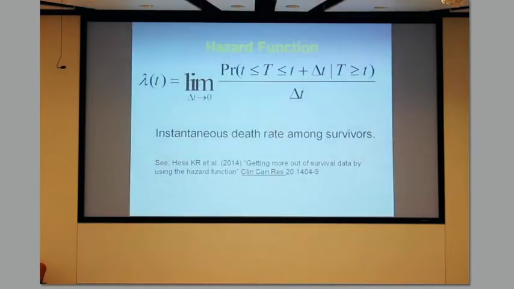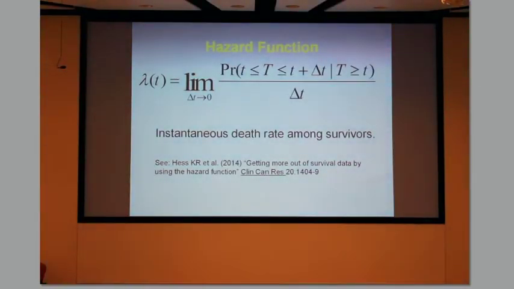All right. So now the fun starts. We have this thing we call the hazard function, which is just the limiting probability of dying at a certain point in time, given that you survived up to that time. The shorthand is the instantaneous death rate among the survivors. If you think about it, you're following patients over time, and say at 2 years, you want to say, what's the probability that patient's going to die right then?